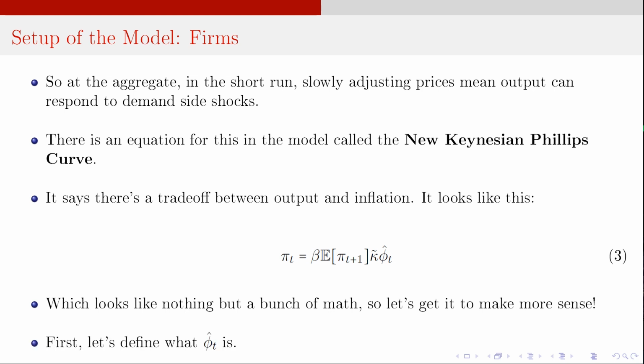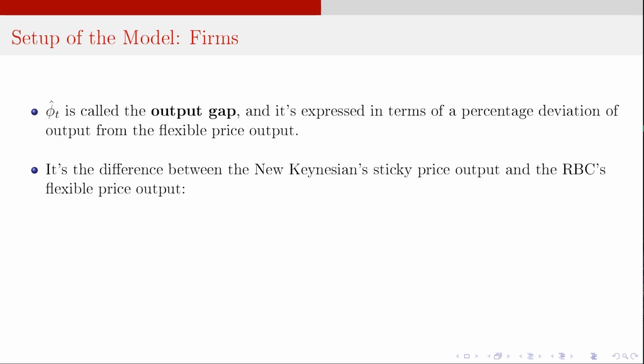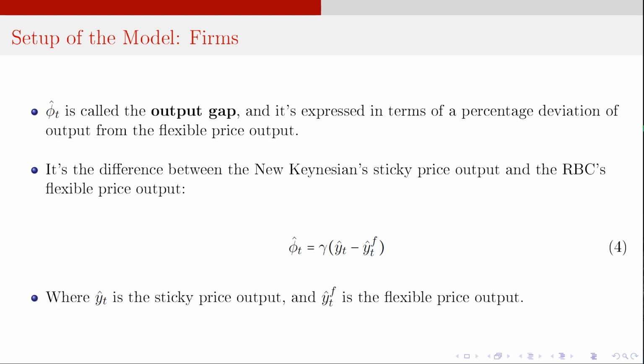So let's start by defining what this phi hat is. Phi hat is called the output gap, and it's expressed in terms of a percentage deviation of output from the flexible price output. It's the difference between the new Keynesian sticky price output and the RBC's flexible price output, and it's equal to this. And this gamma is going to show up in a little bit.